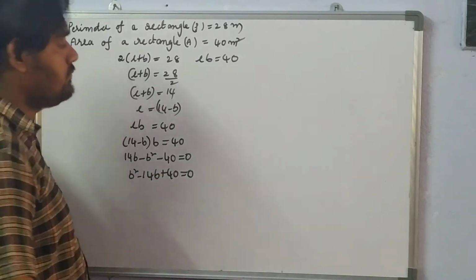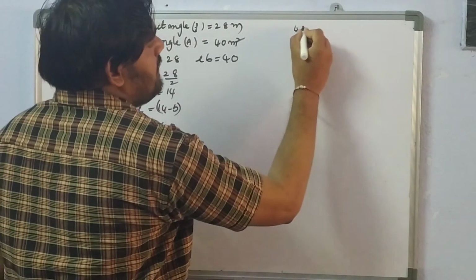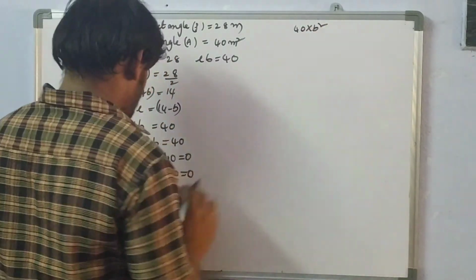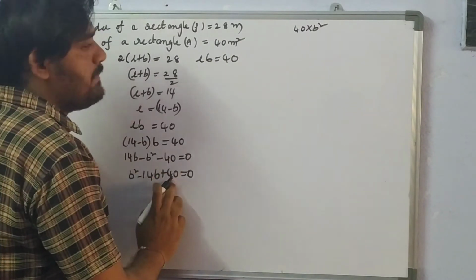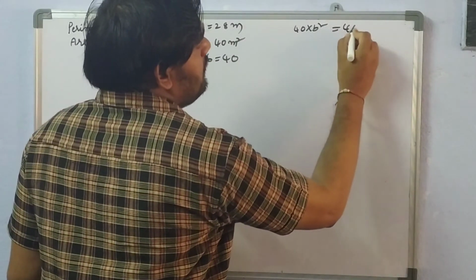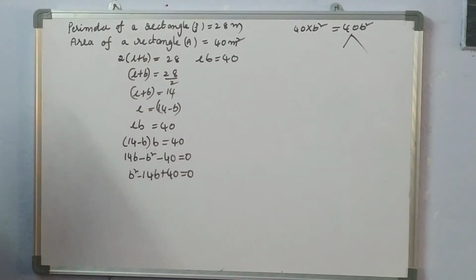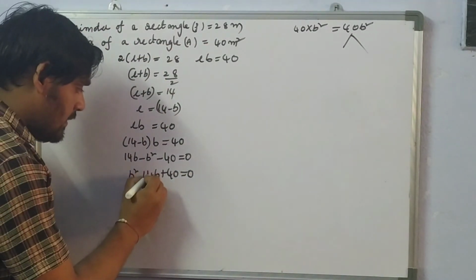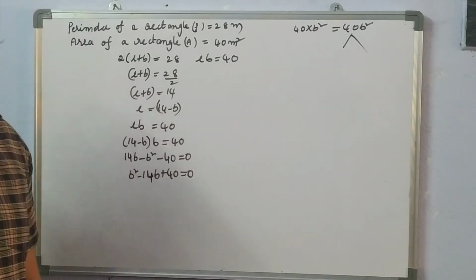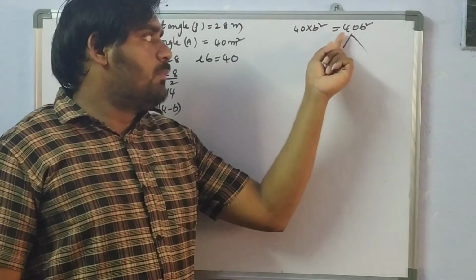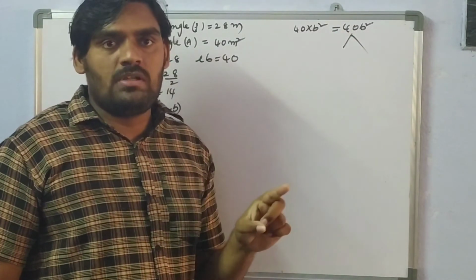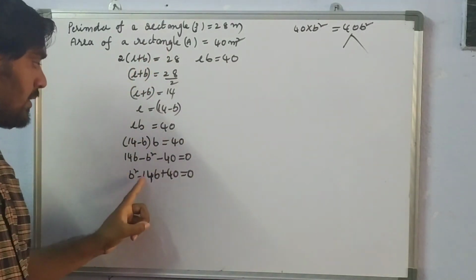From this, take first term and last term. First term is B square, last term is 40, so you will get 40B square. If you multiply, we need to get 40B square. When you add, you need to get minus 14B also. See here, product is positive number, sum is negative number.